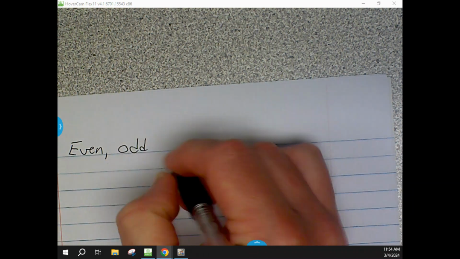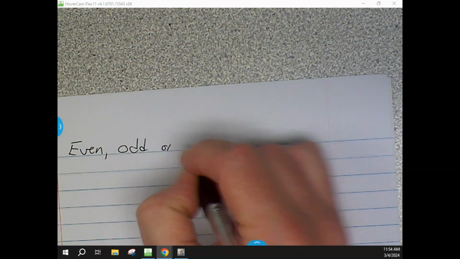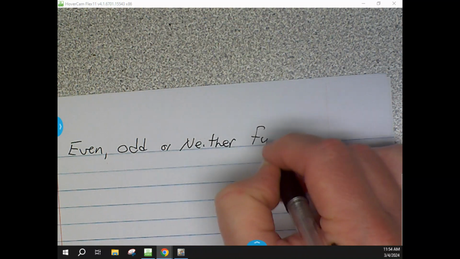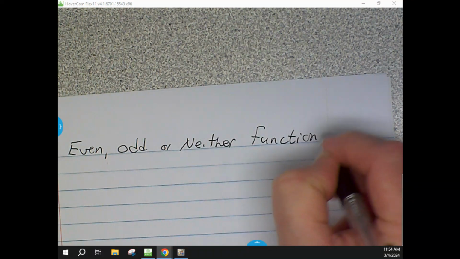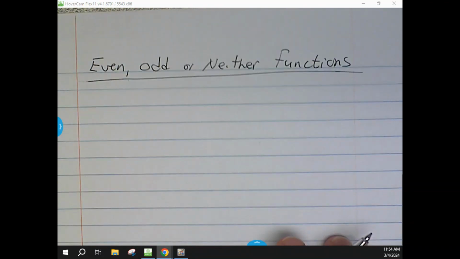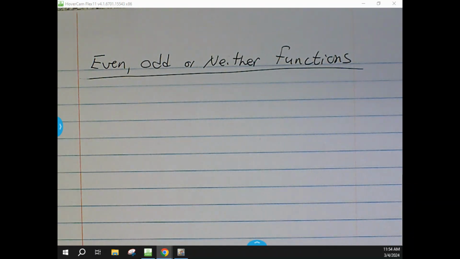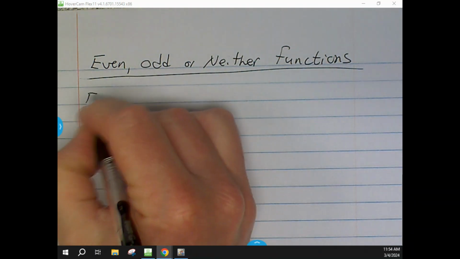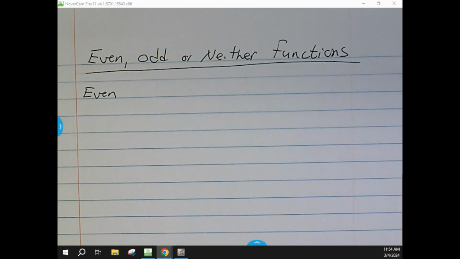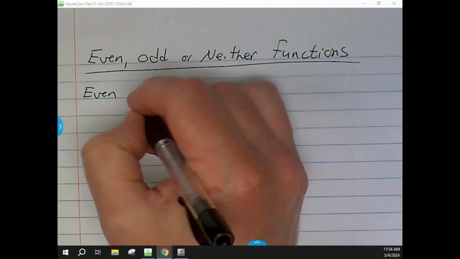Okay, the last thing we're going to do is even, odd, or neither functions. Again, this is really straightforward, really easy when we come off these parts. There's really just about one or two little things you've got to watch out for, tricks. Other than that, everything else is really straightforward.